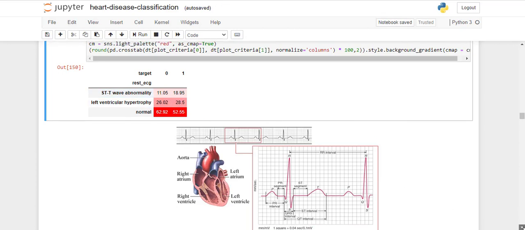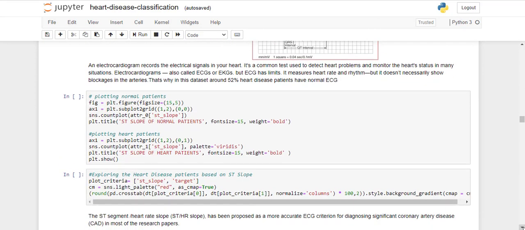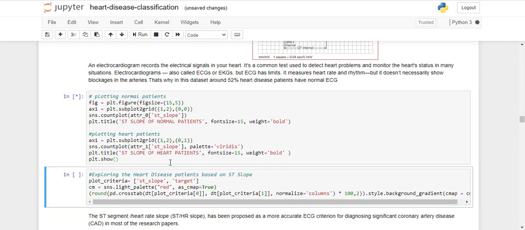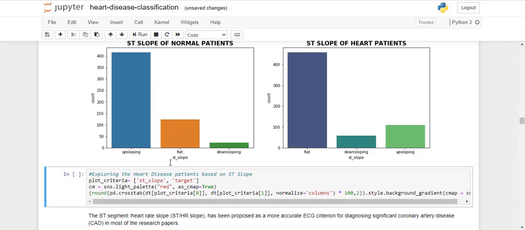Next, we'll be seeing ST slope of normal and heart patients. So this is the basic difference which I have shown you in a figure: if you are a normal patient and you are not experiencing any heart ailment, then when we measure your ST slope after exercise, your ST slope should be upsloping.